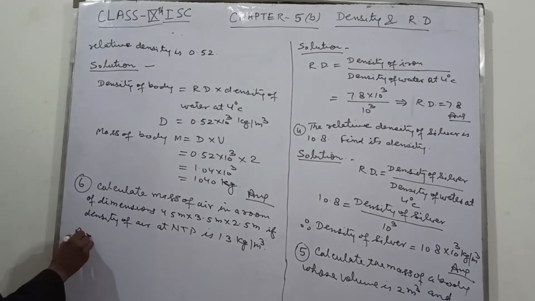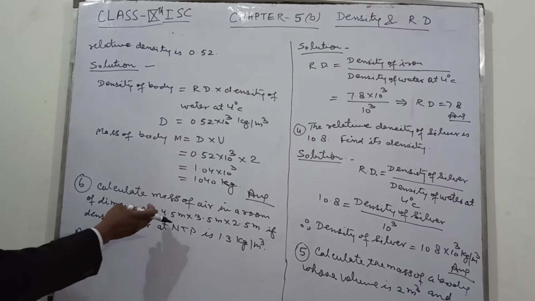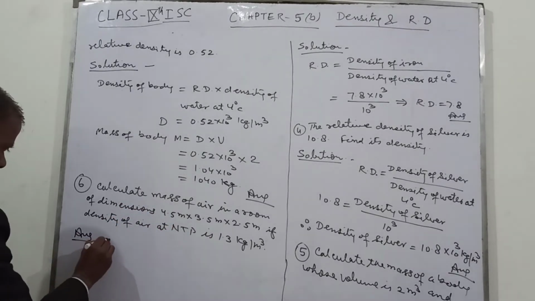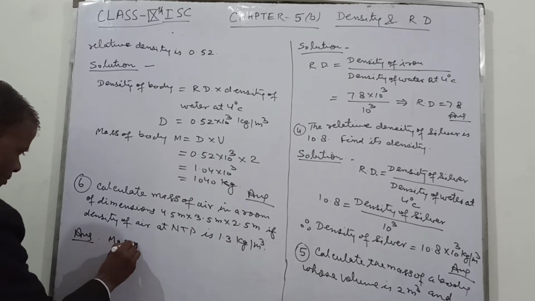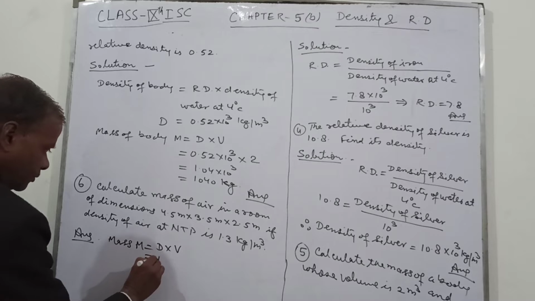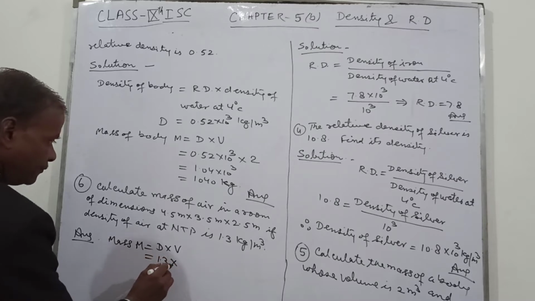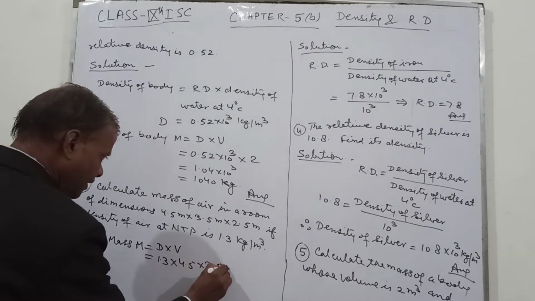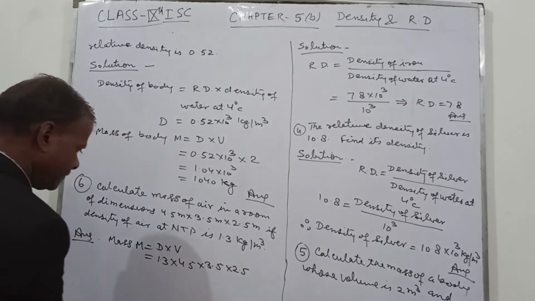So now the answer to this question is: you are given the volume, you are given the density, then just to find the mass, M equal to D into V. Now D is 1.3 and V is 4.5 into 3.5 into 2.5.